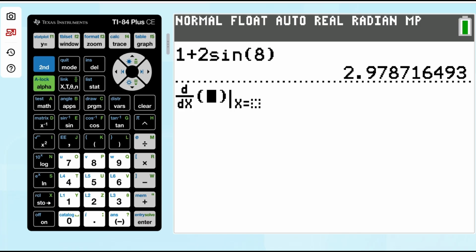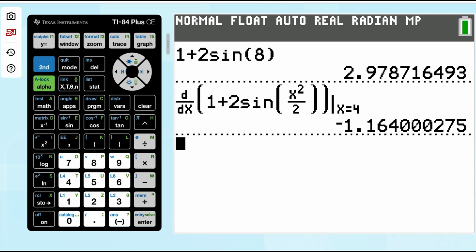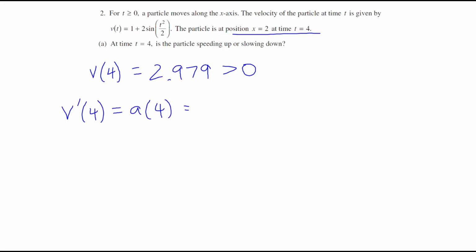We'll do a derivative with respect to x, and we're going to use x instead of t, and we'll do 1 plus 2 times the sine of, and I'm going to hit alpha and the x button next to it just to get a nice little fraction there. It's x squared over 2. And we'll close the sine parenthesis. And we're looking for the derivative of that velocity function when x is 4. So we'll type in a 4 there, and we get negative 1.164.